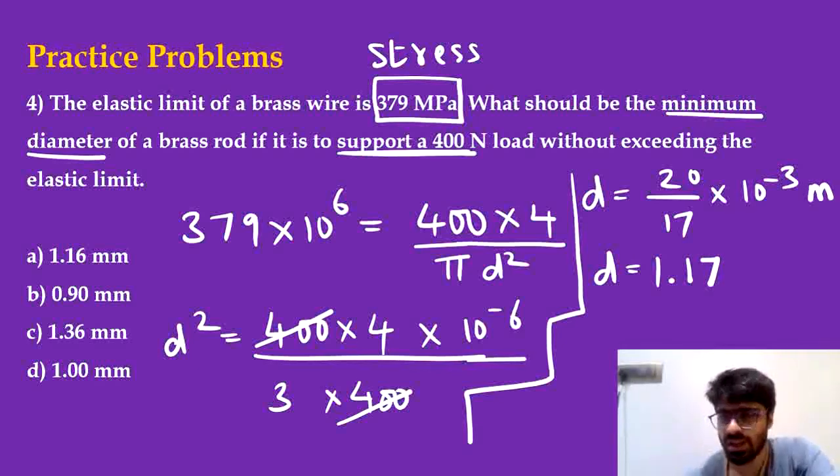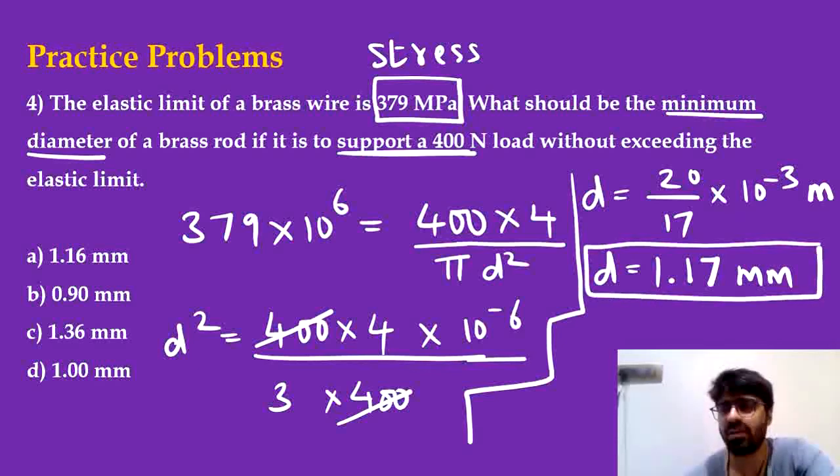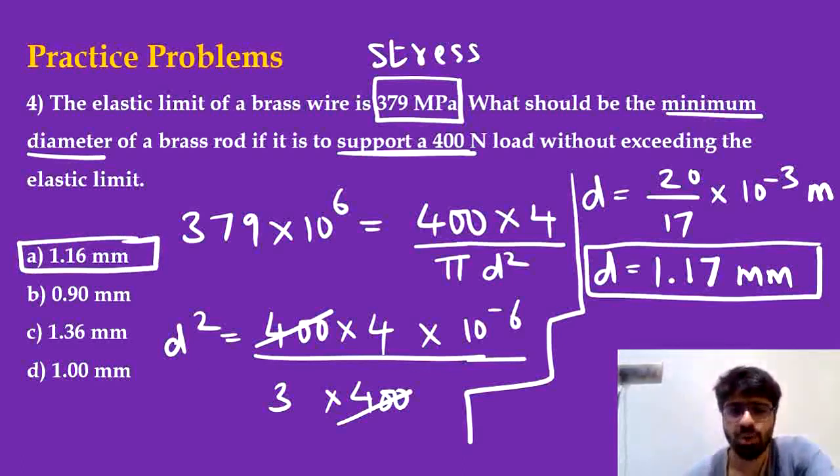This was in meters. So if I want to write it in mm, I can just take that 10 power minus 3 and write it as millimeters. So we get the approximate diameter as 1.17 millimeter, indicating that option A is the right answer there. So these are some big and small approximations that we had done to reach this approximate answer.